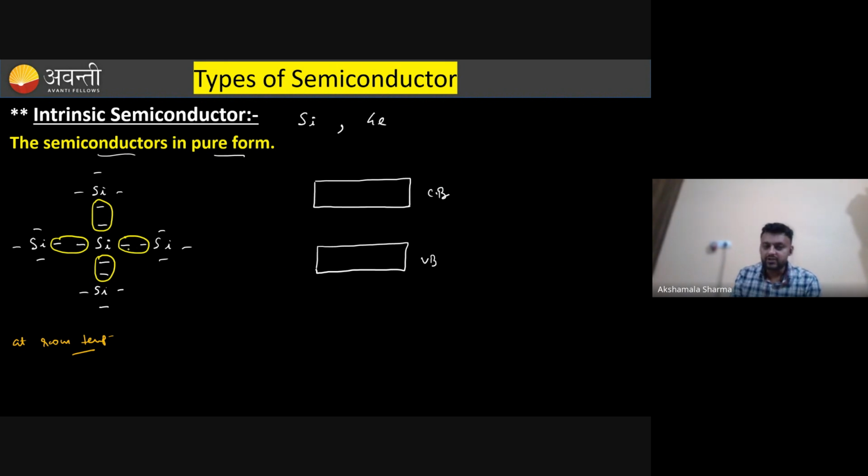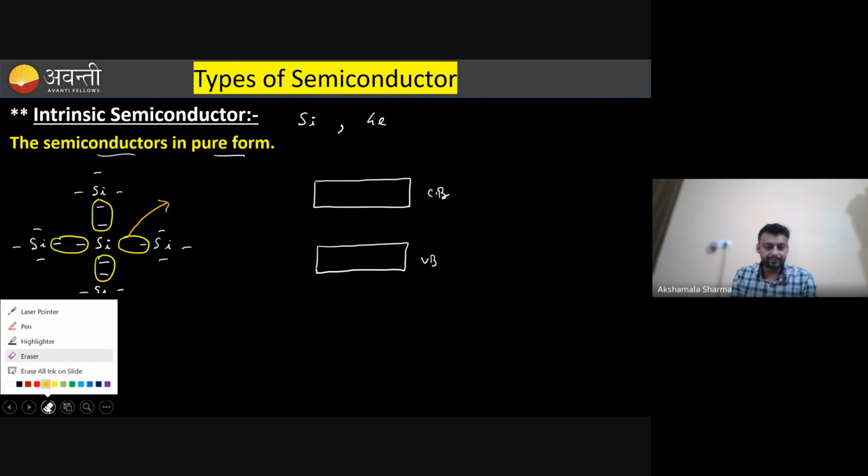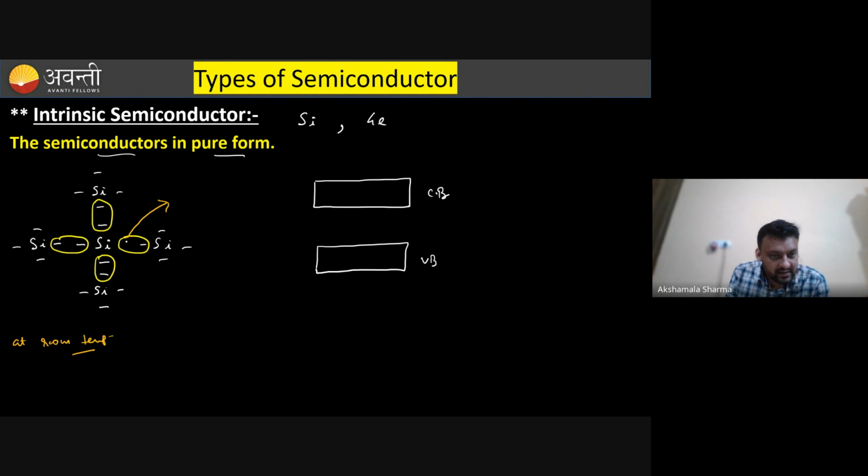And if a bond is broken, then what happens? One electron may jump out by breaking its bond. And if one electron is leaving its bond, what will be left behind? You will say, sir, one vacancy will be created, and this vacancy is known as a hole.